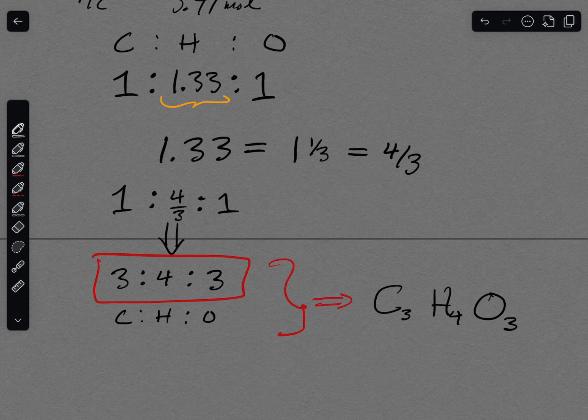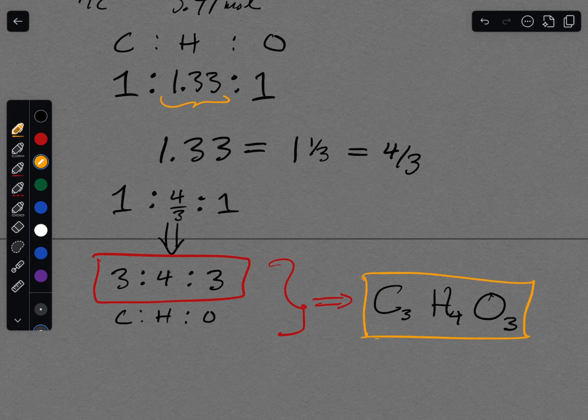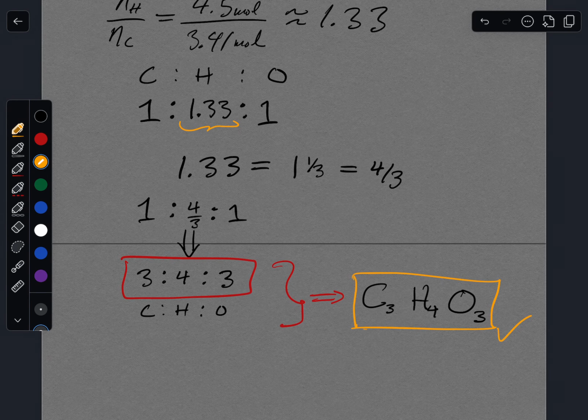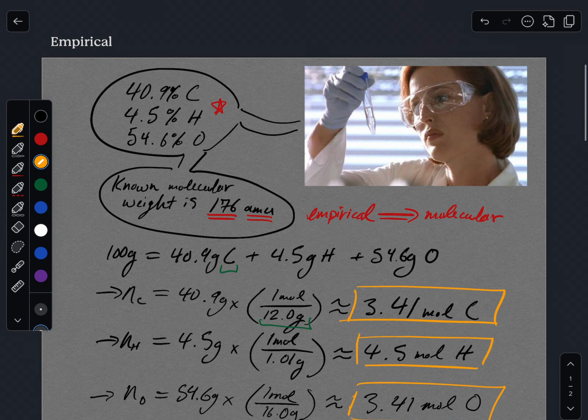And this is our empirical formula. So if our problem was strictly to find the empirical formula, then we're done. But there's a little bit more that we need to do because we have an extra piece of information. If we go back to the beginning, Dr. Scully told us, additionally, that the known molecular weight of whatever this compound is, is 176 AMU.